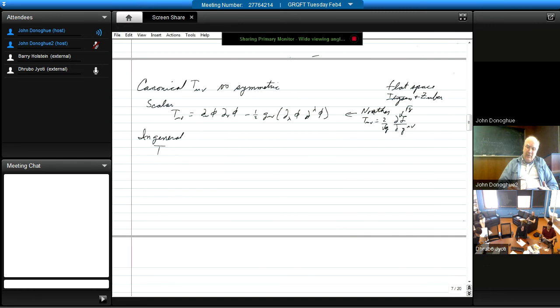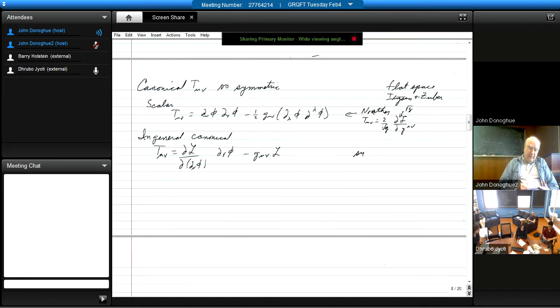So in general, if you have T mu nu, this is the canonical: the variation of the Lagrangian with respect to d mu phi times d nu phi minus g mu nu L. Okay.